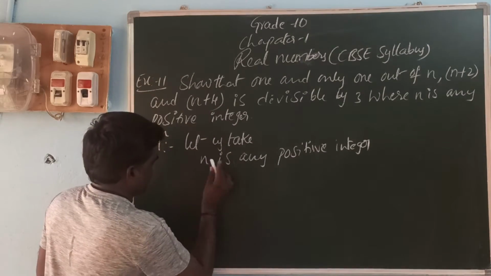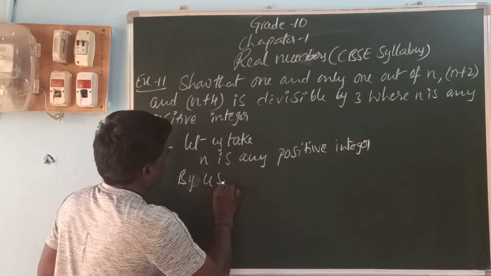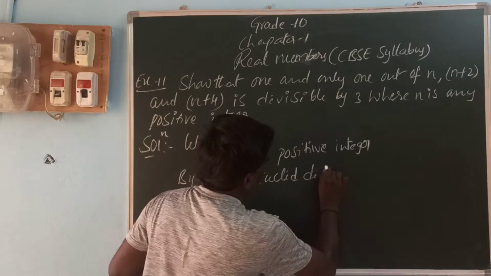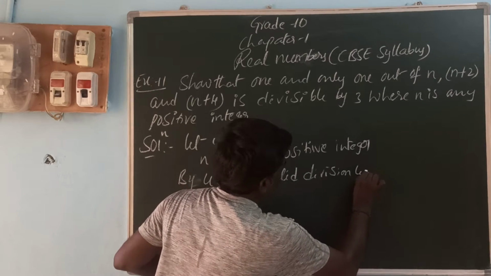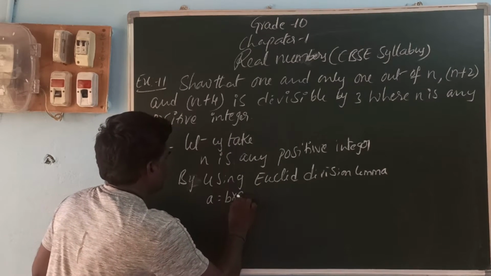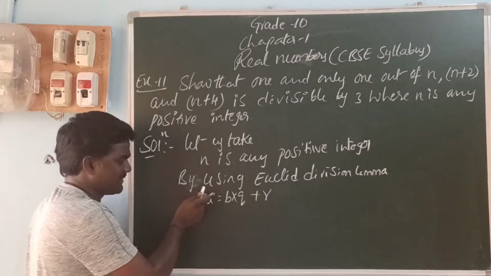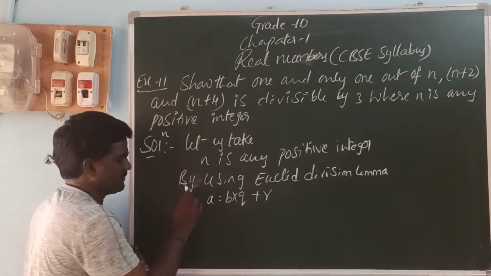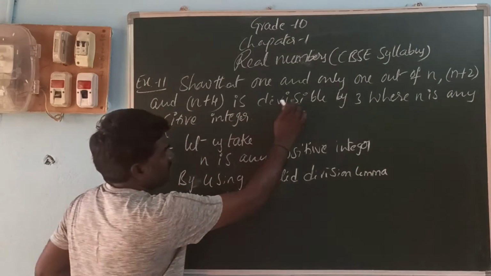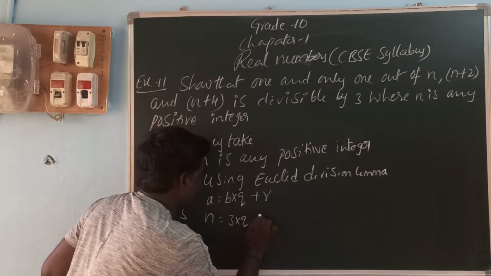So by using Euclid division lemma, a is equal to b into q plus r. Here we take a as the dividend, so we take n. So n is equal to, here the divisor is 3, so that is 3 into q plus r.